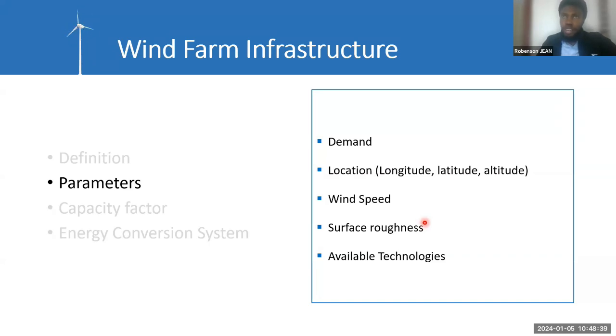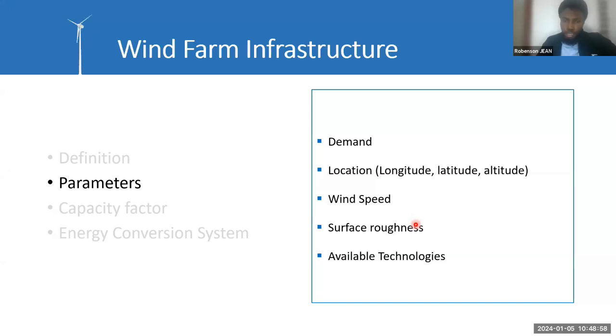For instance, if the land is grass, the wind speed will be different than if it is stones. If there are a lot of trees, the wind speed in this region will be different than in a desert.